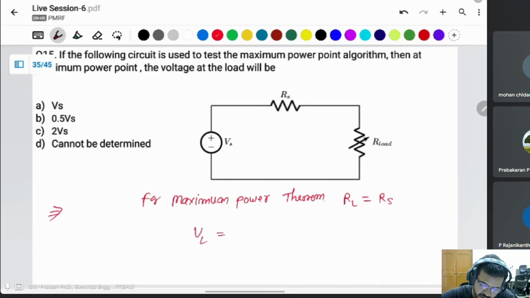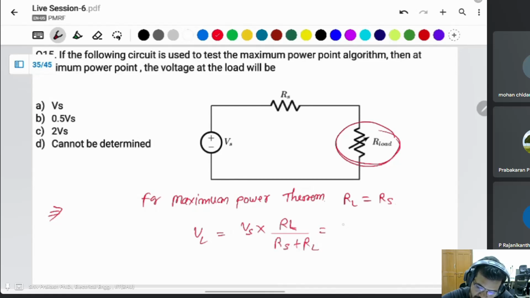VL is equal to total voltage Vs times the resistance RL divided by total series resistance RS plus RL. Vs times RL, RL is same as the RS at the maximum power point. RS plus RS is 2 RS, so Vs by 2, which is equal to 0.5 Vs.